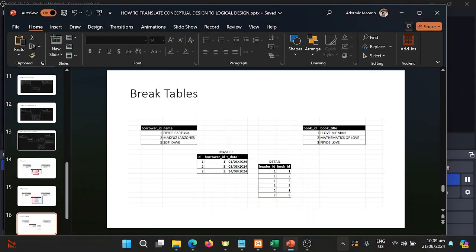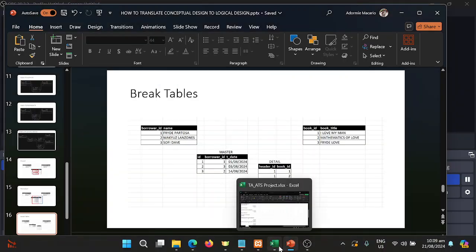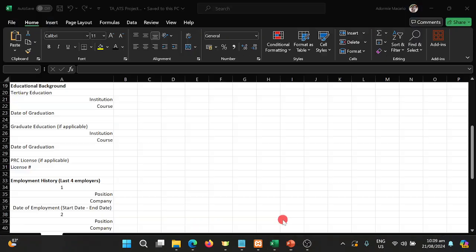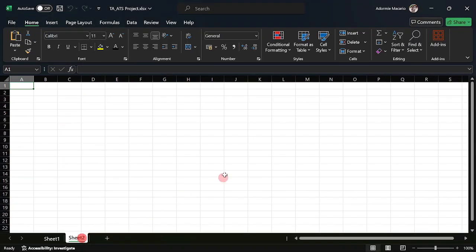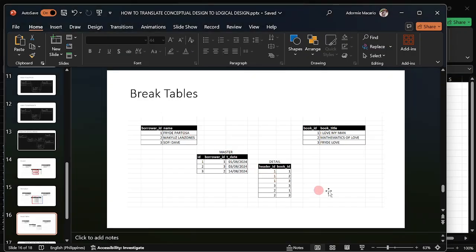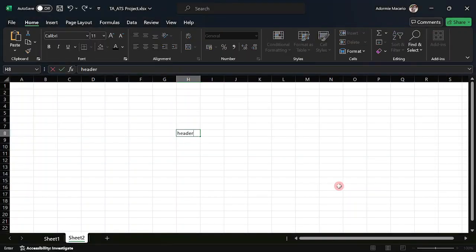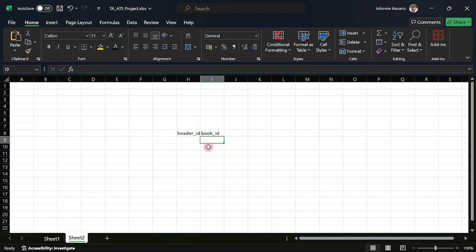I'm just going to edit. So it should be, for the header ID and book ID, 1 1 1, then books 1, 2 and 3.